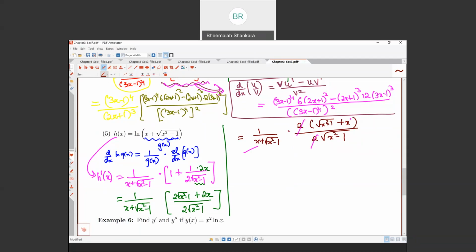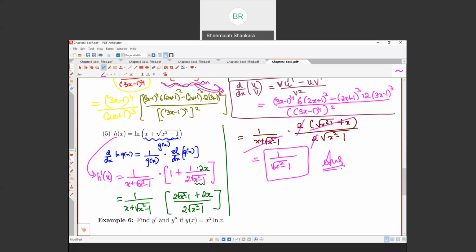Any similar term in the numerator and the denominator can be cancelled. So all you have is 1 over the square root of x squared minus 1, and this is the final answer for the derivative of natural log of x plus square root of x squared minus 1. And this is your final answer.